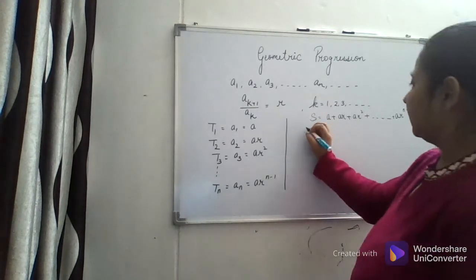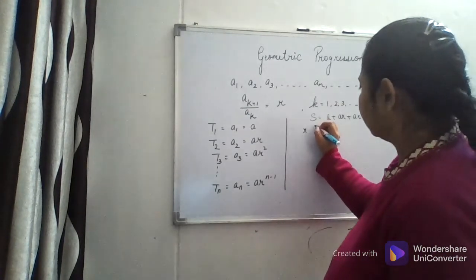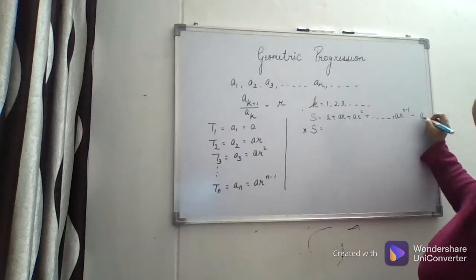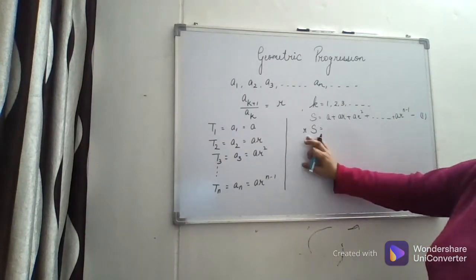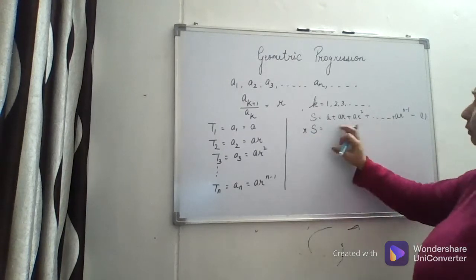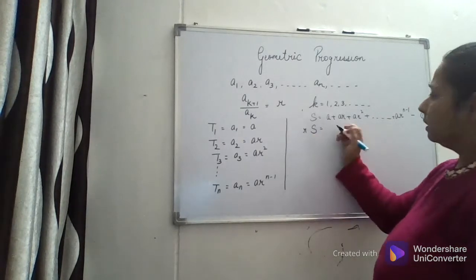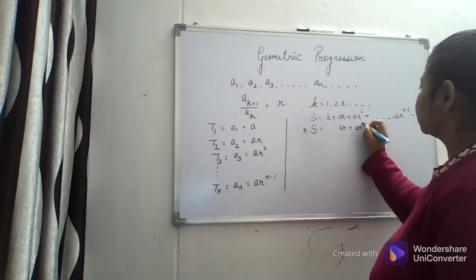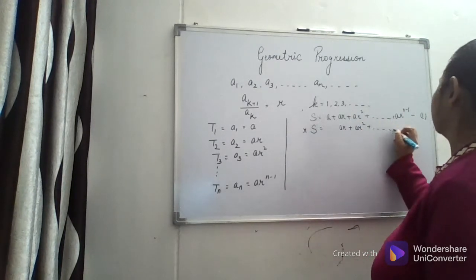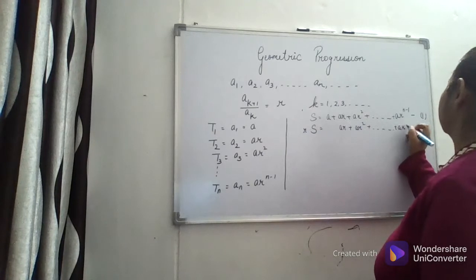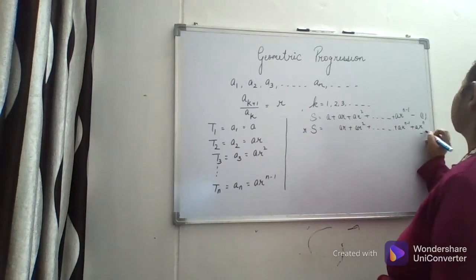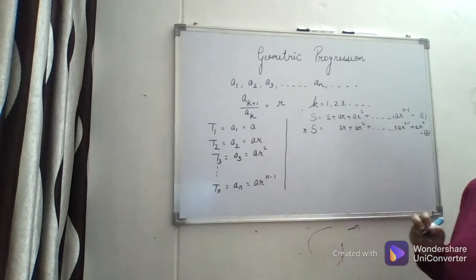Now let's multiply this by R. I am considering this as equation number 1. Now I am multiplying the sum equation by R, so I get AR plus AR square and so on till AR^(N-1) plus AR^N, and consider this as the second equation.